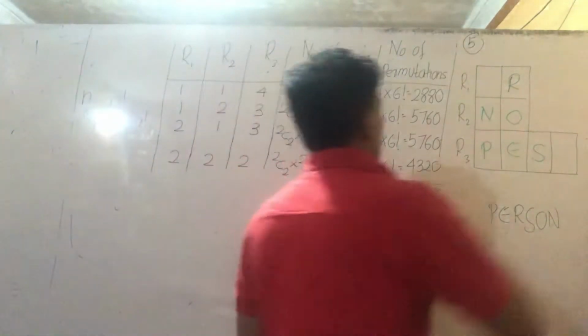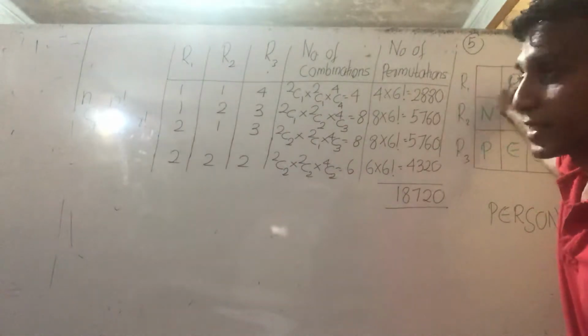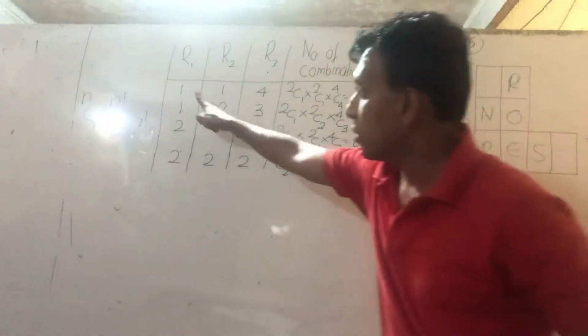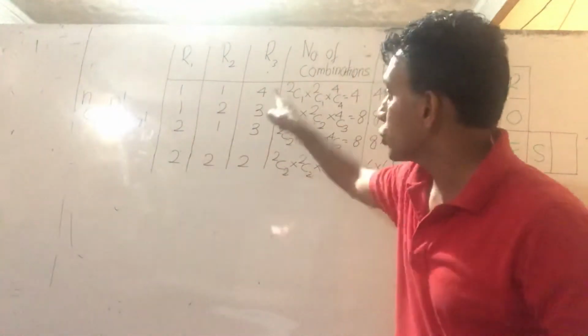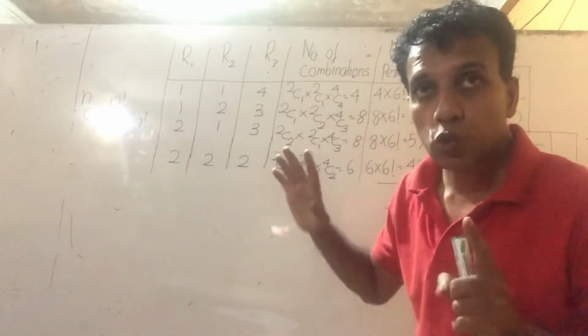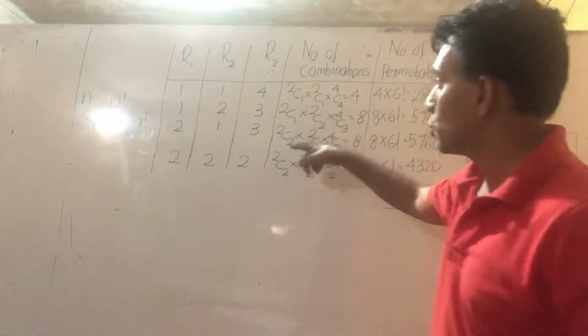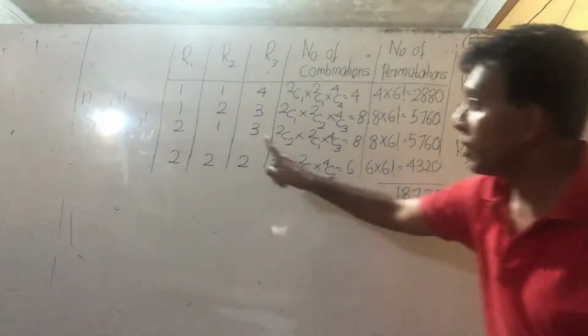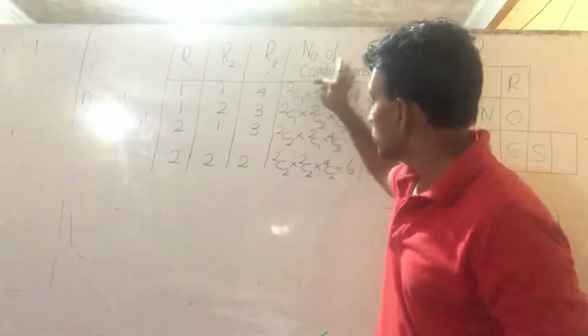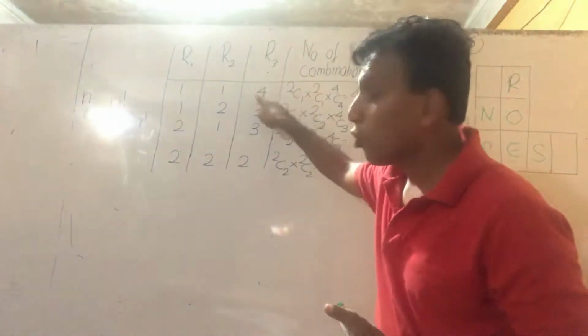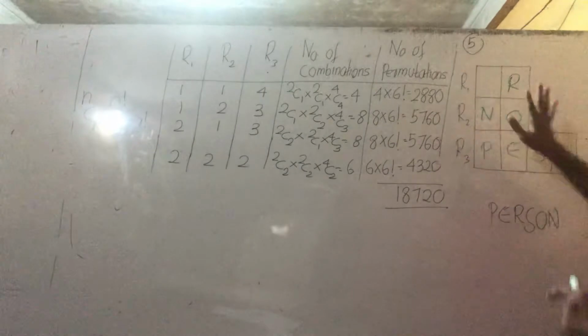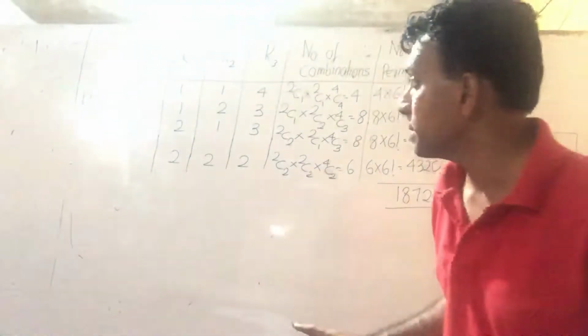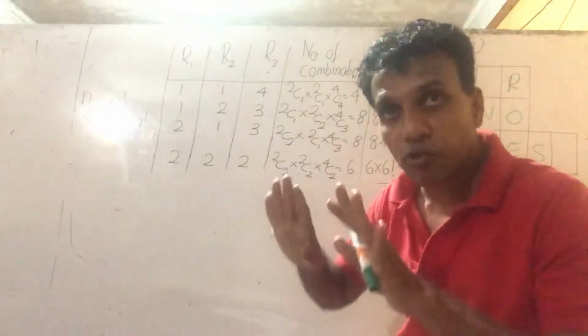What is the combination of these? See, first row 2 chances, 1 letter at a time, so 2C1, multiplied by the second row, also 2 chances, 1 letter, 2C1. For 4 letters in the third row, see, third row has 1, 2, 3, 4 cages available, and we insert all 4 letters there.